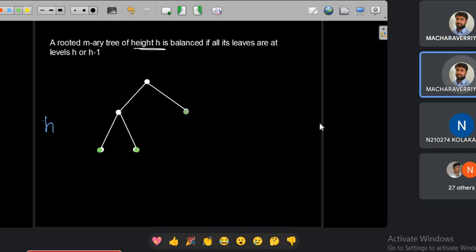Okay, so these are the leaves, and it is a tree of height 2, and these two leaves are at level 2 and this is at level 1. Okay, so this is at level h and this is at level h minus 1. Okay, it is satisfying this definition, therefore it is a balanced tree. Okay, so this tree is balanced.